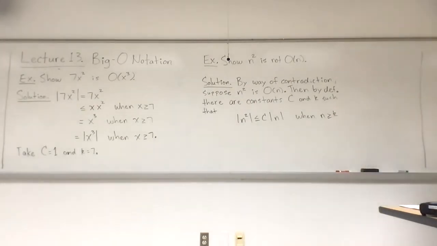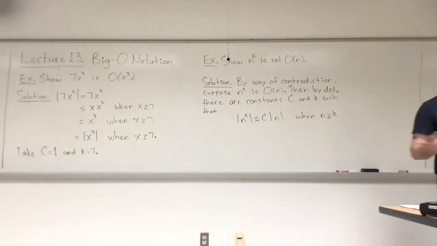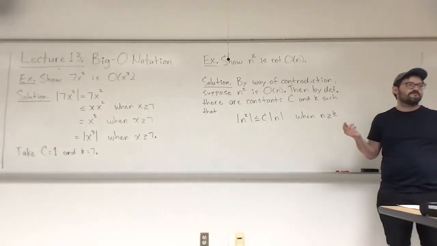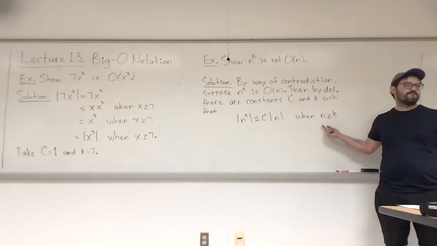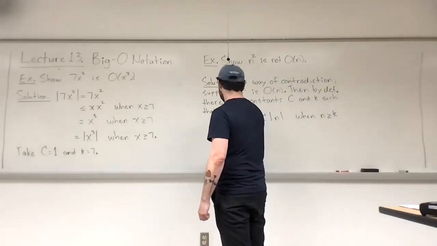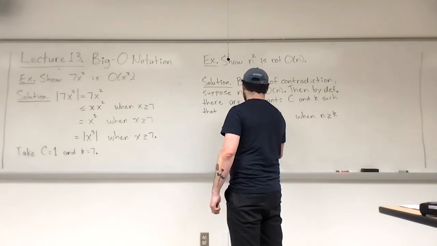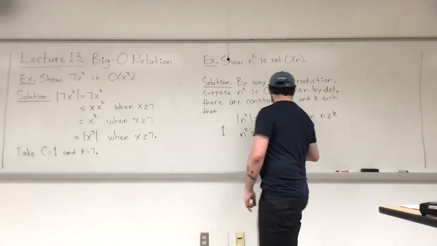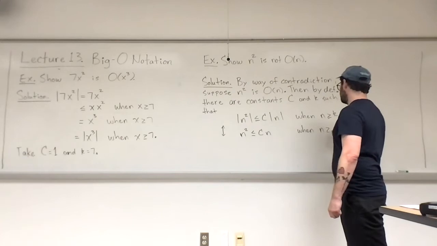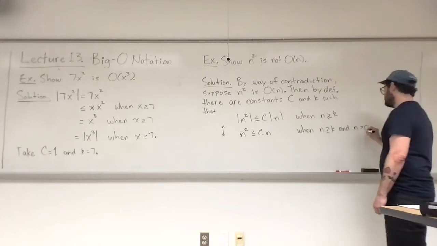Okay. So this is for any n greater than or equal to k, right? Eventually n is going to be positive, right? At some point, n has to be positive, which means we can drop the absolute values. So this means, when n is greater than or equal to k and n is greater than or equal to 0, whatever.